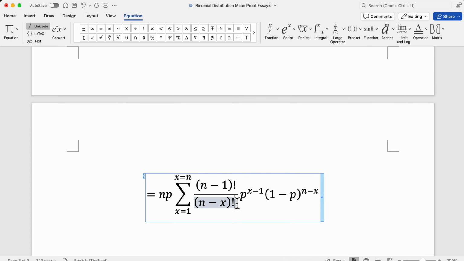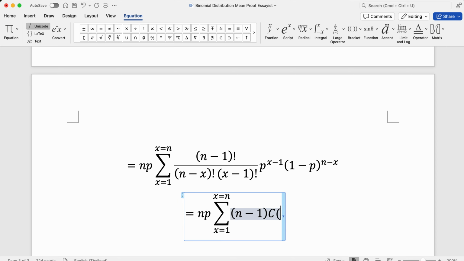This is simply, in compact notation, the same thing as np times the sum from x equals 1 to x equals n of n minus 1 choose x minus 1.